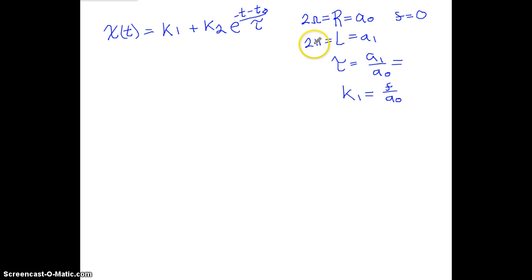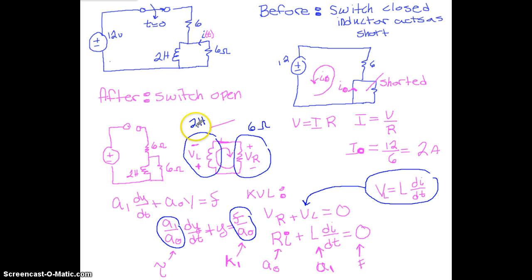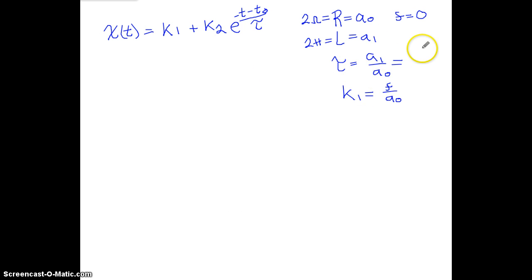And we want to make sure that we're using the values from after the switch has been switched. So if we replace those in, then we have 2 henries, oops, that was supposed to be a 6 right there, 2 henries divided by 6 ohms, which is going to give us 1/3 for tau. And then our K1 is going to be equal to 0 divided by the 6 ohms, so we're going to get 0 for that.